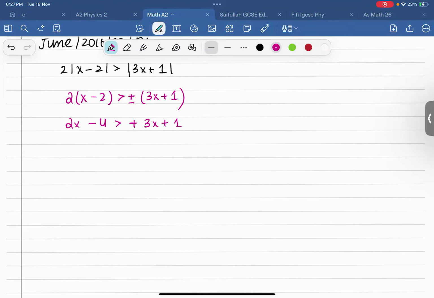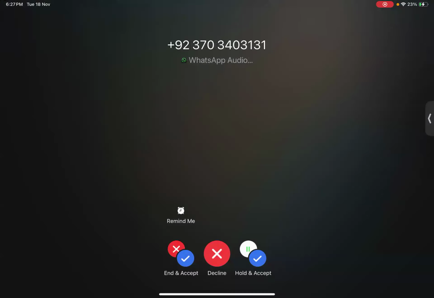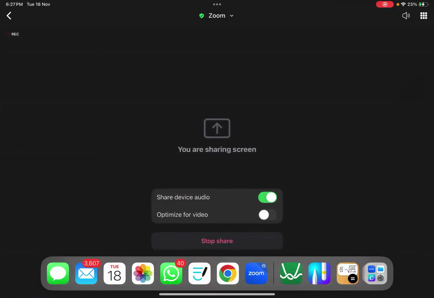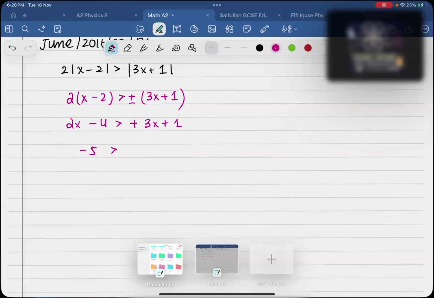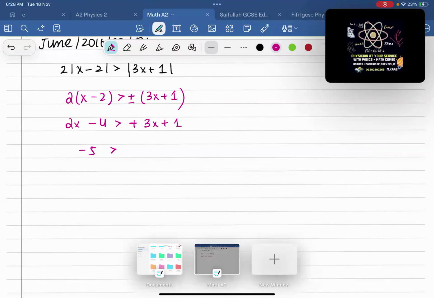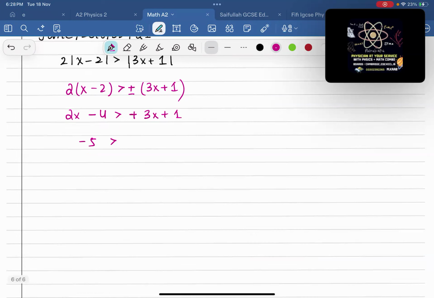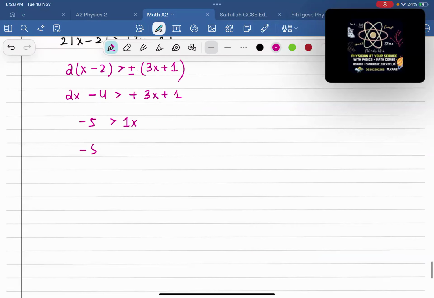If we solve for the positive, I'll get negative 5, and that becomes 1x, right? So negative 5 is greater than x.